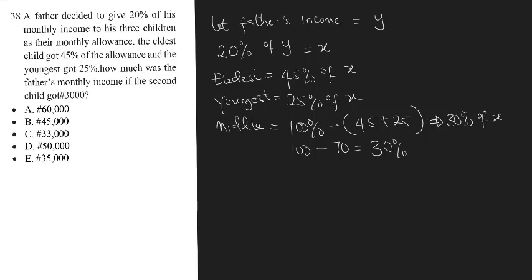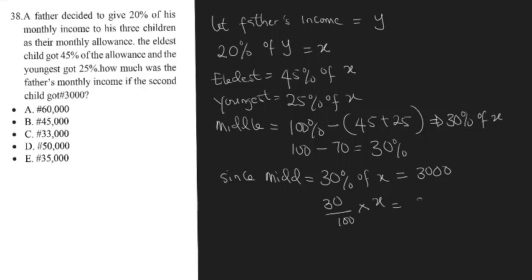Since the middle child, or second child, is equal to 30% of X, equated to the 3,000, 30% is the same as 30 over 100 times X is equal to 3,000. So 30 times X is 30X over 100 is equal to 3,000.